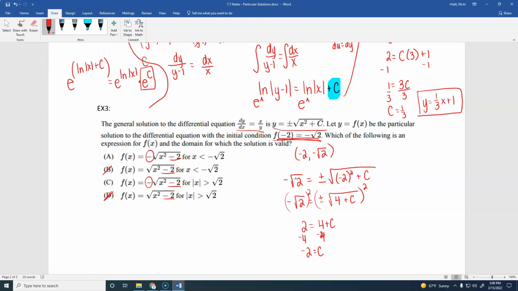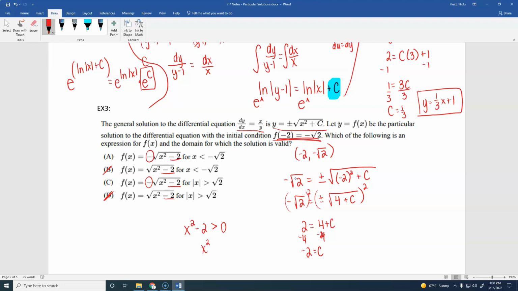And then whatever is underneath the square root for a problem like this, it has to be greater than, usually or equal to, but they don't have any or equal to's here. So I'm just going to go with greater than, although I need to think about why that's not or equal to.